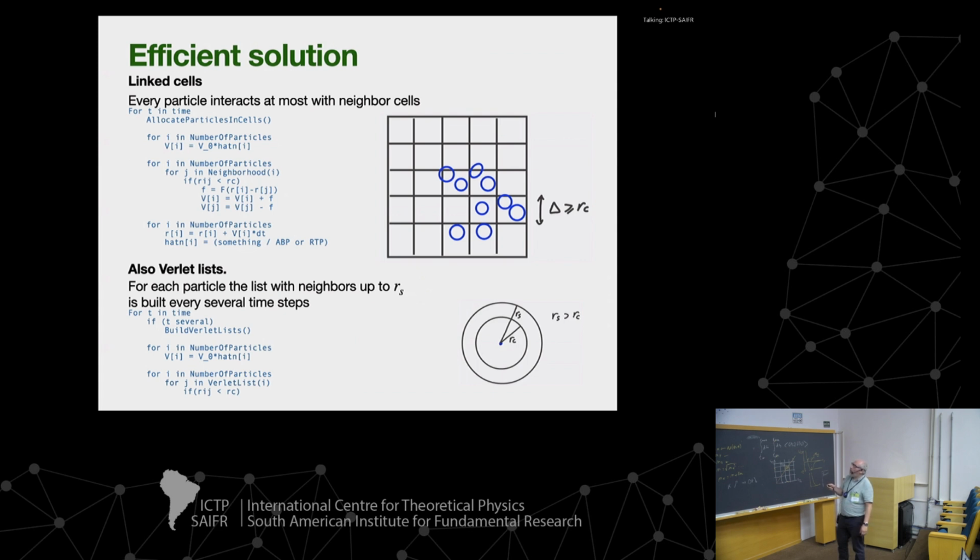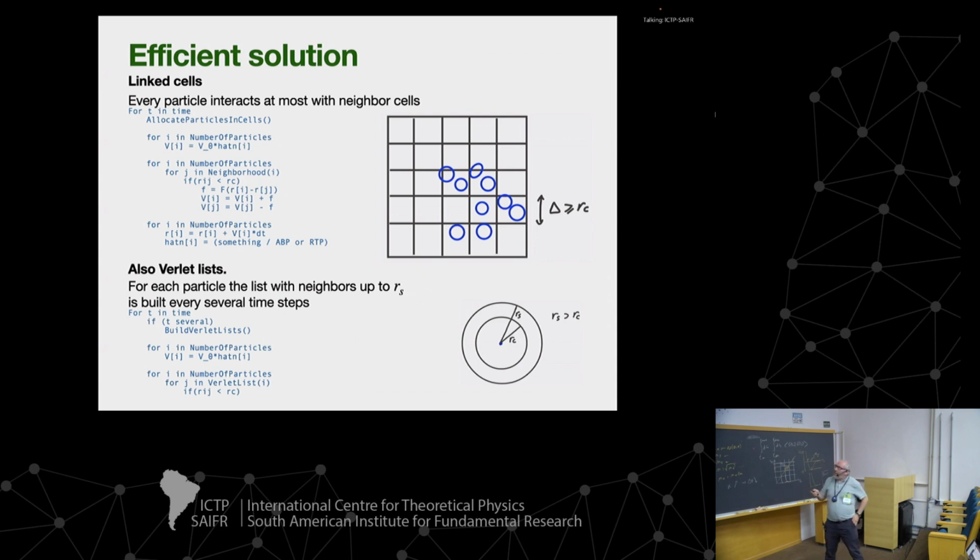And then you put the particles. The advantage is that you know for sure that each particle at most is going to interact with the particles in the neighboring cells. It's impossible for this particle to interact with a particle over here, because the distance is for sure bigger than the cutoff.